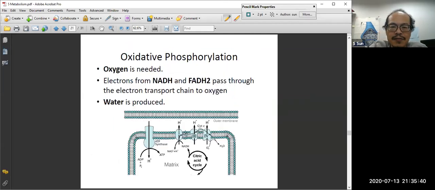So for oxidative phosphorylation, oxygen is needed, and the NADH and the FADH2 donate their hydrogen, and at the same time, the electron is transported along this chain and reduced by oxygen. At the same time, hydrogen or proton is accumulated, and that gradient will push it to produce ATP.